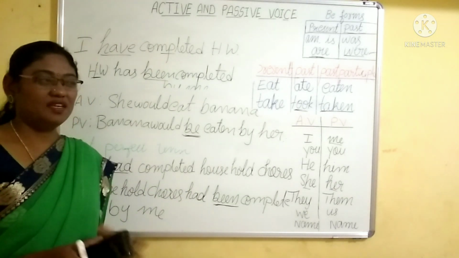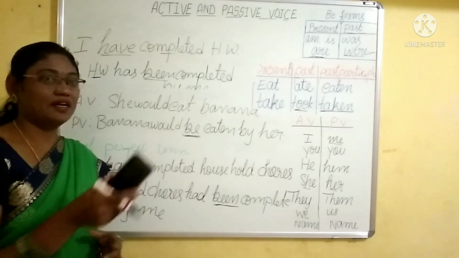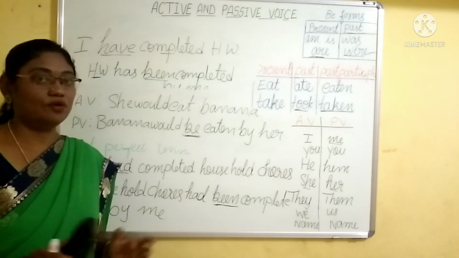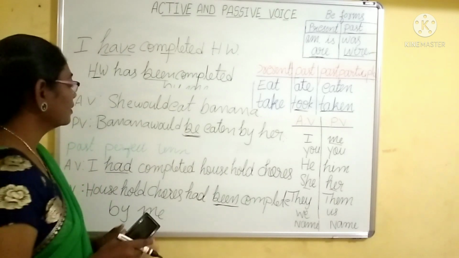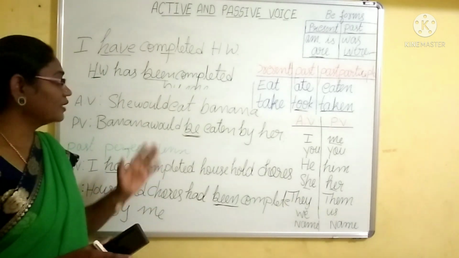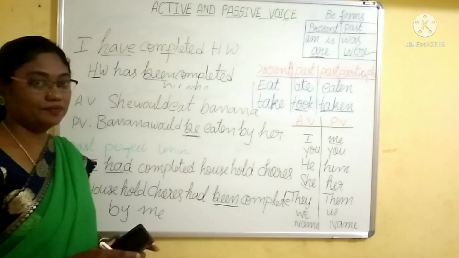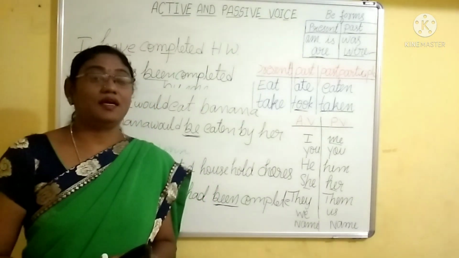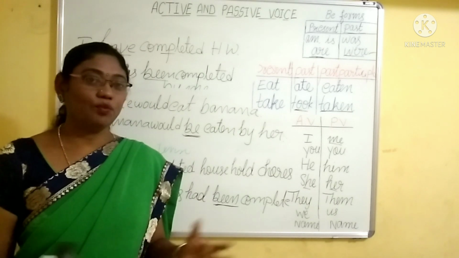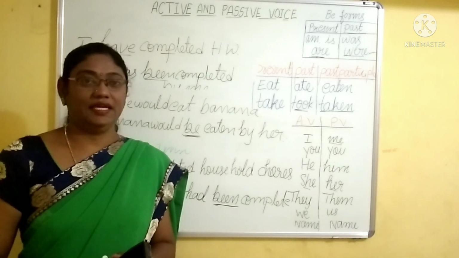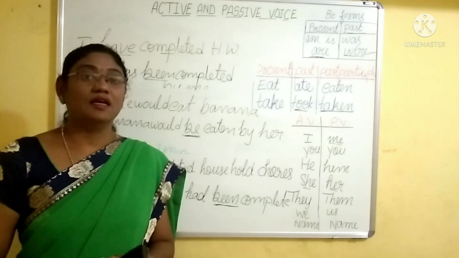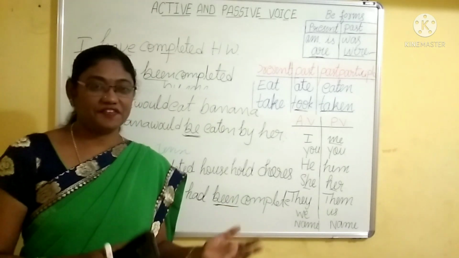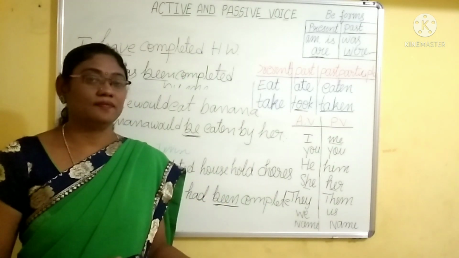Sometimes we need not go according to the grammar rules. For slow learners, I'm talking about slow learners, I think this will be very helpful. Okay, guys? I hope you understood what we have learned today. We have learned how to change simple past, past continuous and past perfect tense into passive voice.